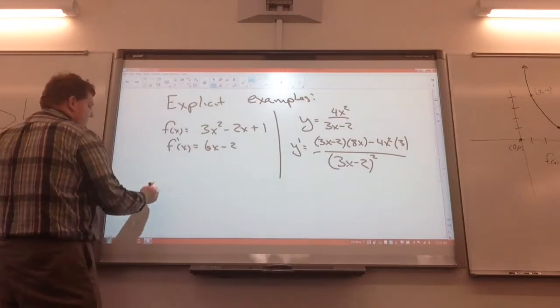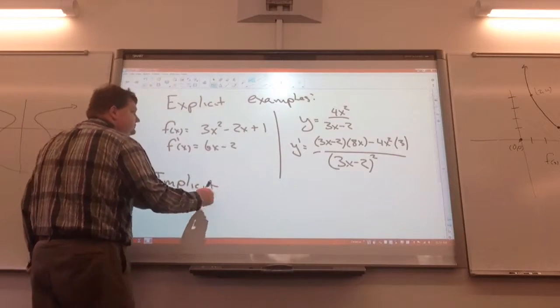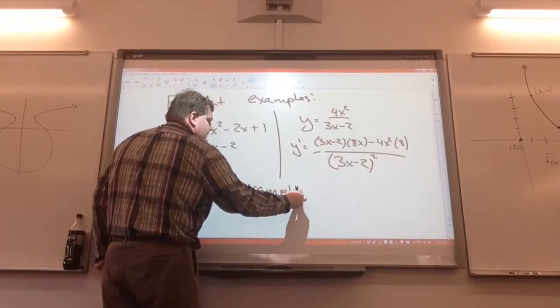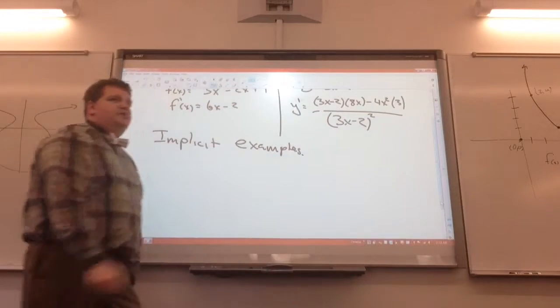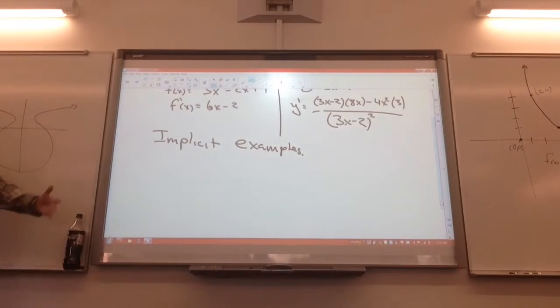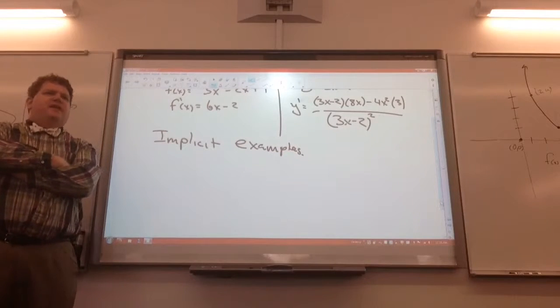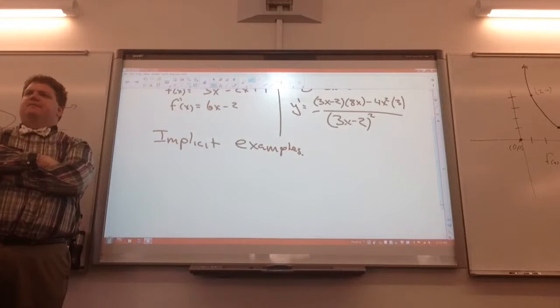Implicit examples are a bit different. These are for things that aren't written in terms of x. What might be something that's not written in terms of x? Can anyone think of an equation that we've used before that has multiple variables in it?